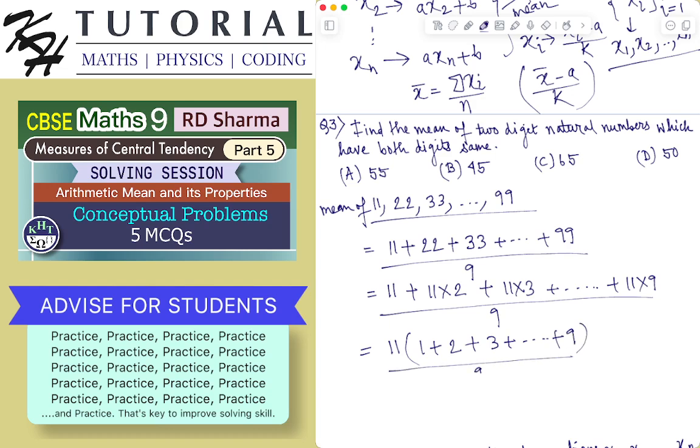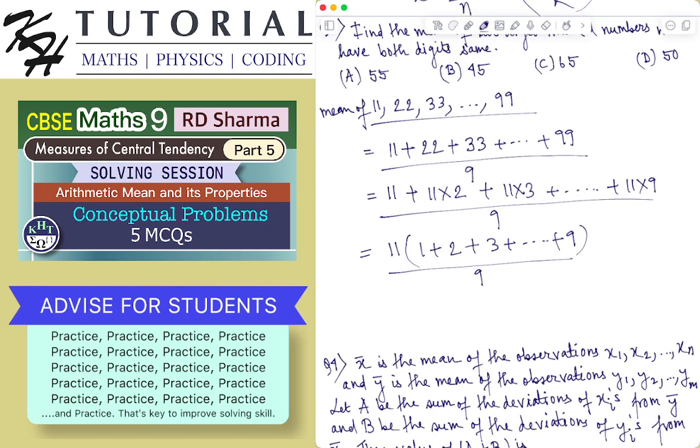Now one formula or result you must know: the sum of the first n natural numbers is equal to n into n plus 1 whole divided by 2. This is the sum of the first 9 natural numbers, so it will be 9 into 9 plus 1 whole divided by 2, and then we have divided by 9.